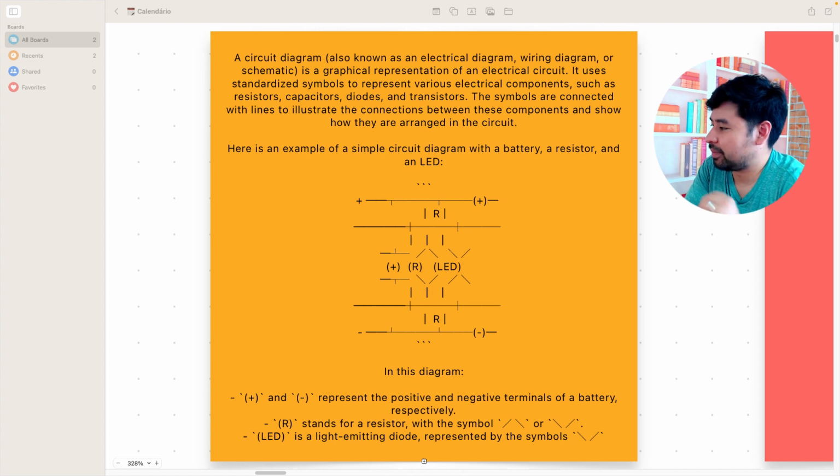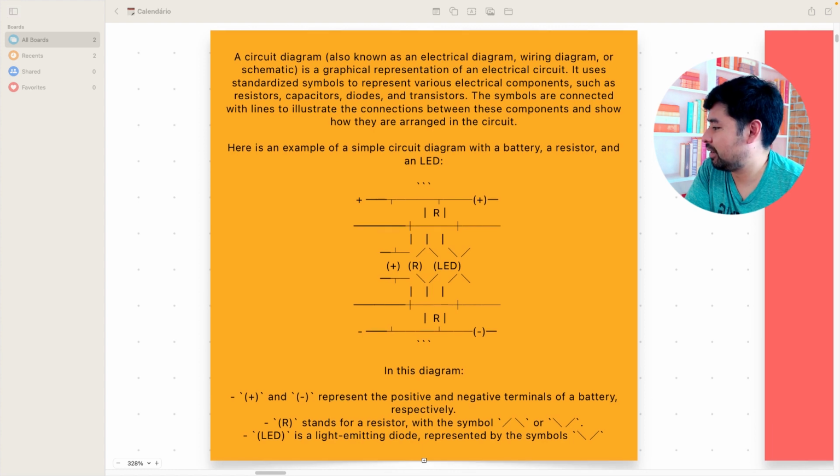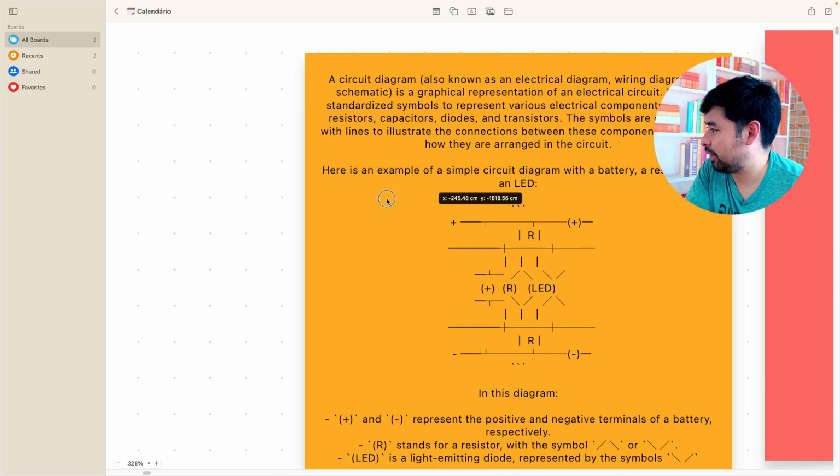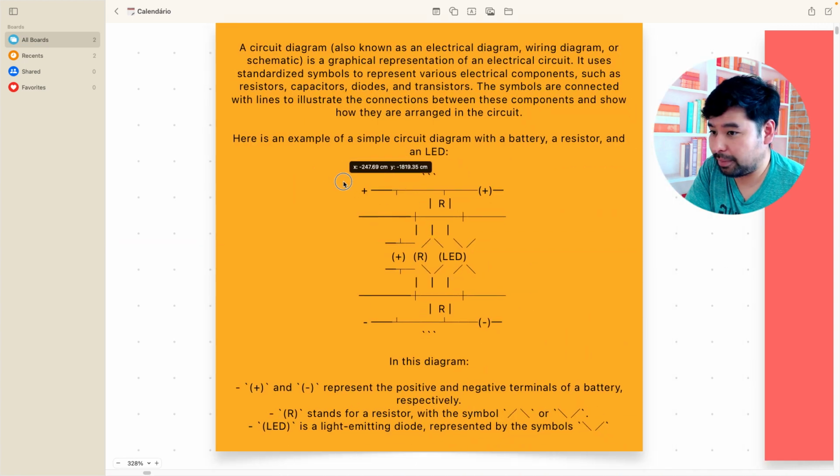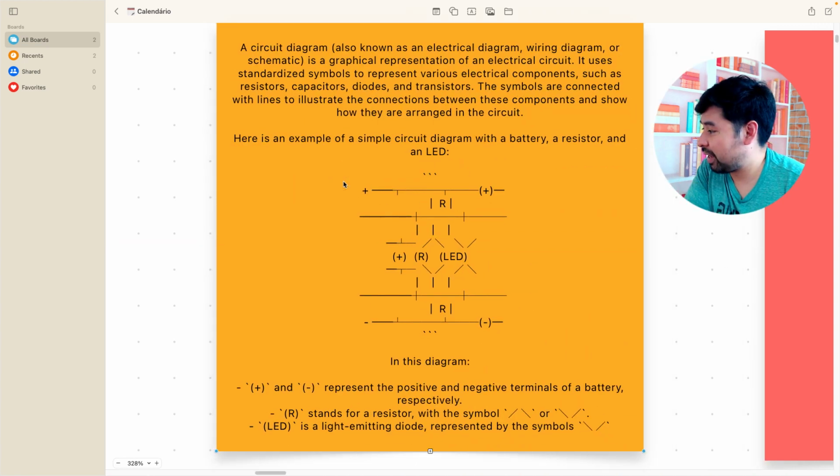So we see that they created symbols here for the LED and for everything. And then here we have the diagram, as you can see. Oh, sorry, let me get back here. So this is the diagram, and down below, in this diagram, plus and minus represent the positive and negative terminals of a battery, respectively.